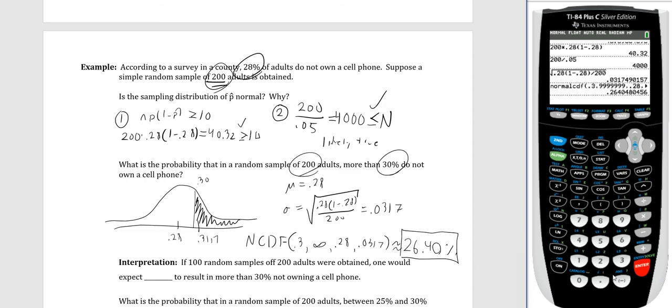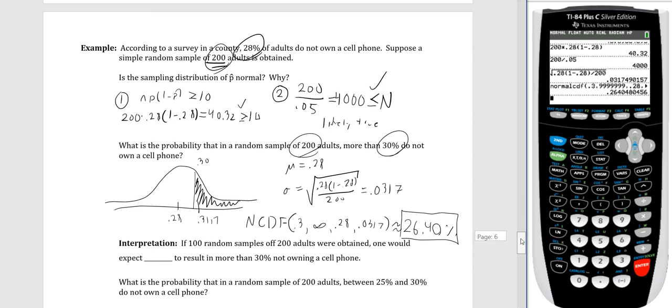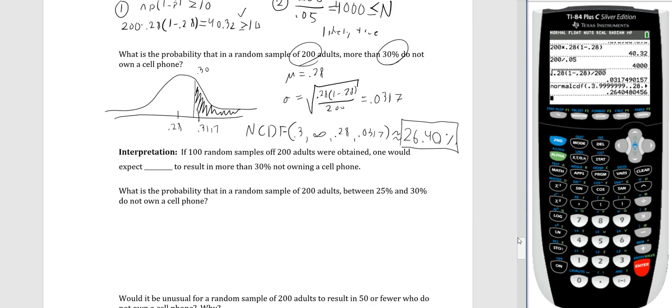And we can interpret this just like we did in 8.1, trying to relate it to 100 of those samples being taken. 100 samples of 200 adults were obtained. Notice that again we indicate how big that sample size was. That's always important. One would expect about 26 of those samples to result in more than 30% not owning a cell phone.